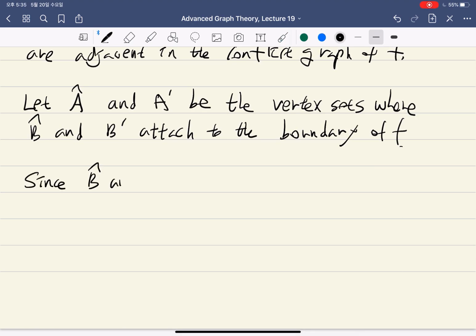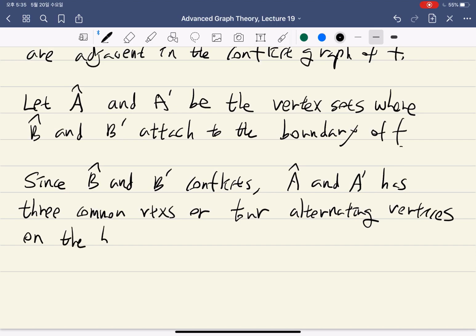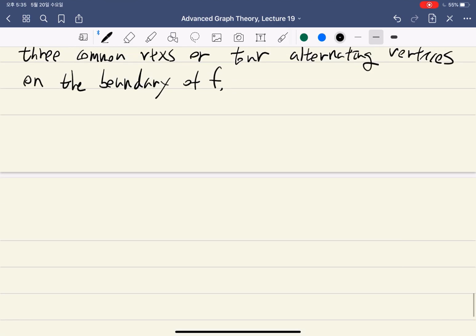Since B hat and B prime conflict, then A hat and A prime have three common vertices, or four vertices which are alternating on the boundary of F. Since what do we know?